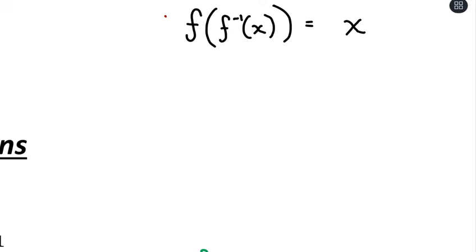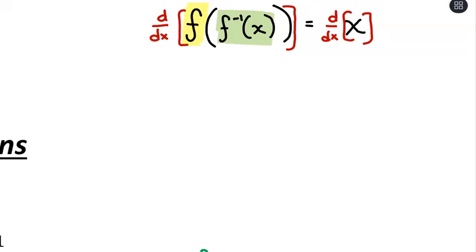So let's say we take the derivative of both sides here. And derivative of the right-hand side. So on the left-hand side, we'd have chain rule here. So what we would have is our outside function. So just regular f would be our outside function. Inside function would be our inverse function.